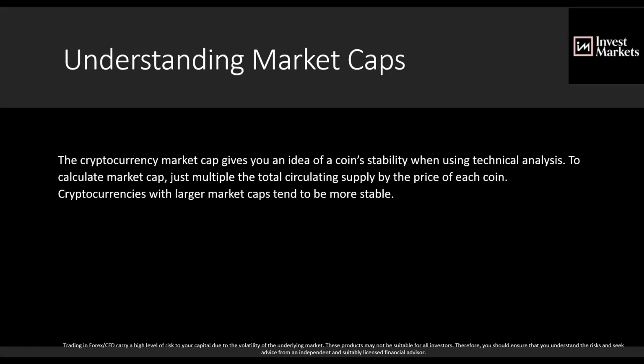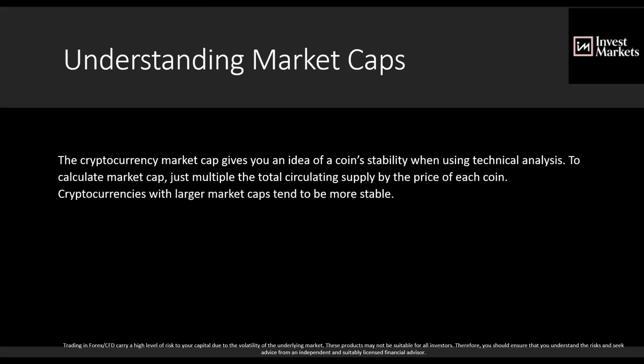Now, with cryptocurrency, we have one more thing that helps us figure out what's going on, and that's market caps. In regular trading, like you're trading oil or gas, you can see volume. You're trading on the stock market, you can see the volume of shares being traded in a particular company. So if you want to know if Amazon stocks are going up today and you see volume is surging, that means there's tons of buyers coming in the market.